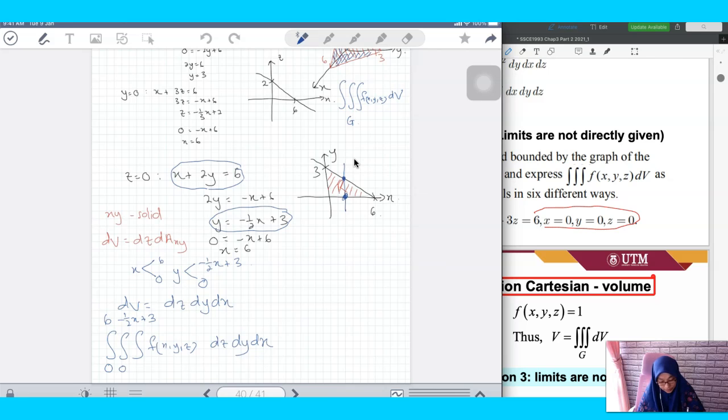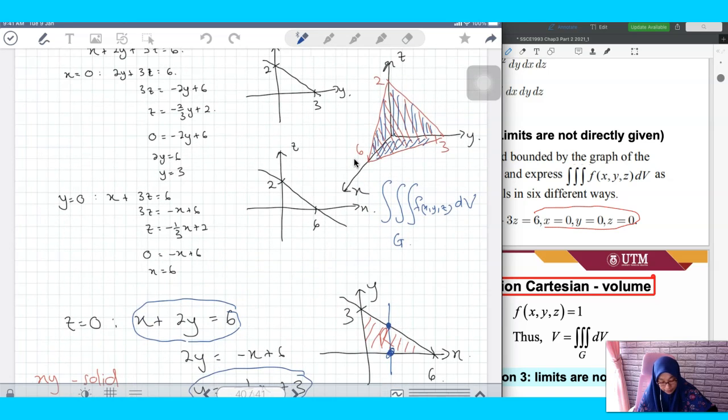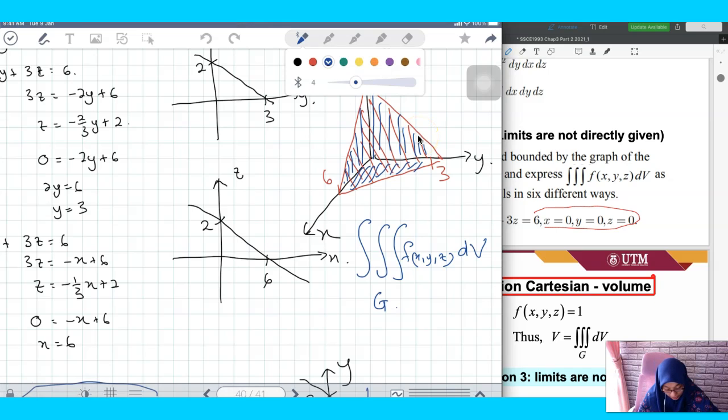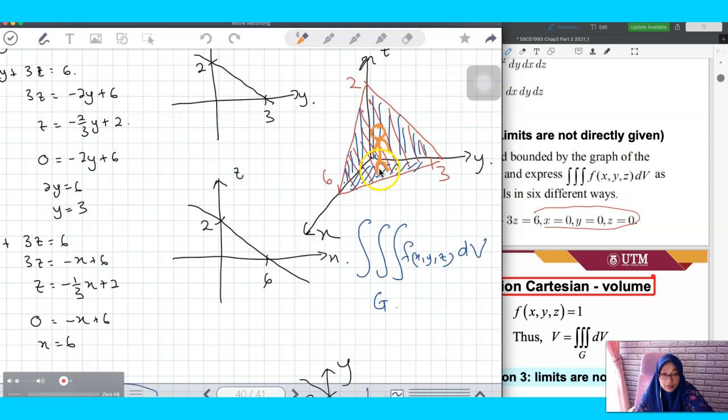Okay, so how can you determine the z? To determine the z, remember from the previous example, you have to look at your solid. As just now we assumed that the small person is standing like this, where the feet of this small person are on the xy plane. So now you have to ask yourself, who becomes your floor?